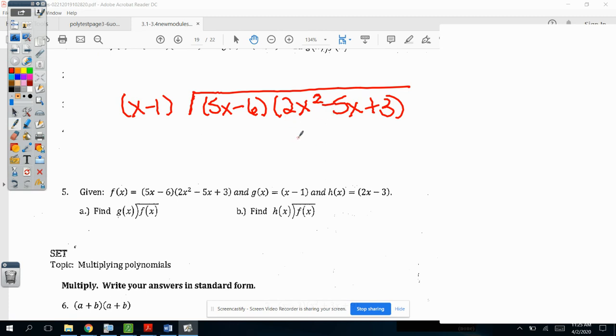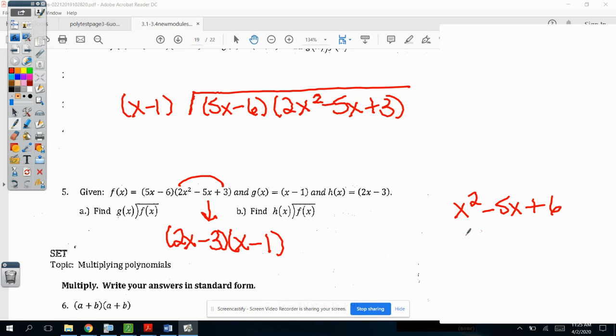X minus 1 is not in there, but 2x squared minus 5x plus 3 can be factored to 2x minus 3 times x minus 1. Now, if you did not see that as guess and check, I'll do a refresh on the AC method. That'd be x squared minus 5x plus 6, which factors to x minus 3, x minus 2. You would have to put the 2 back.